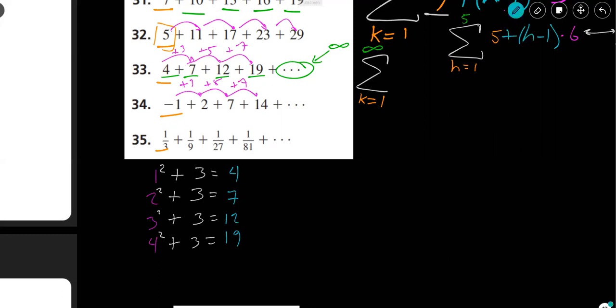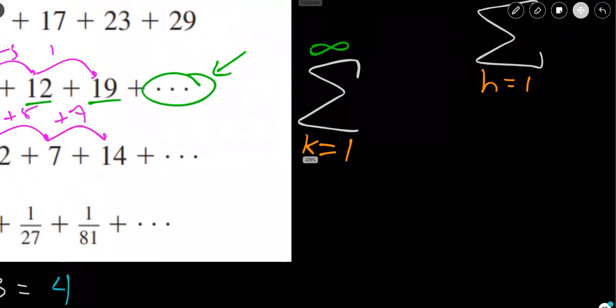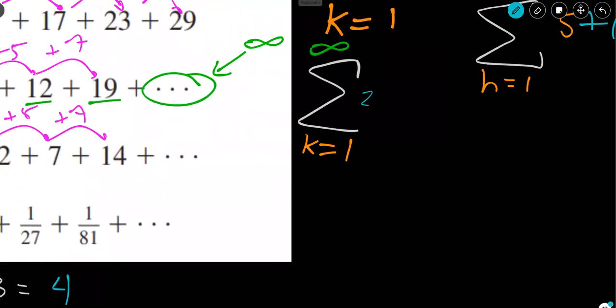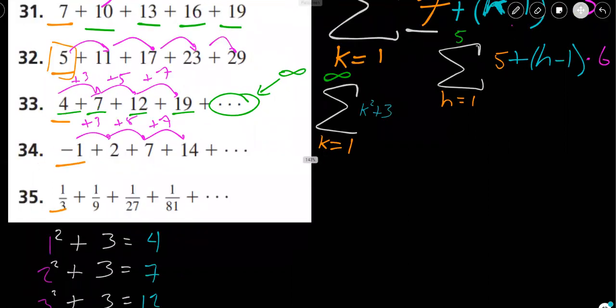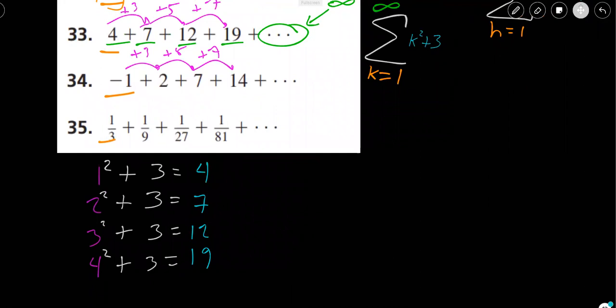And then my rule is just going to be, I take the position value, k, and I square it, and then I'm going to add 3. At each position, I've got that rule down now. Take my position number, square it, add 3. I do that for any position I want, and I can just add them all together at the end.